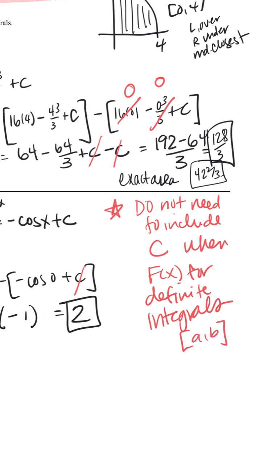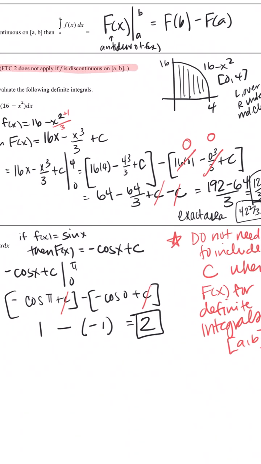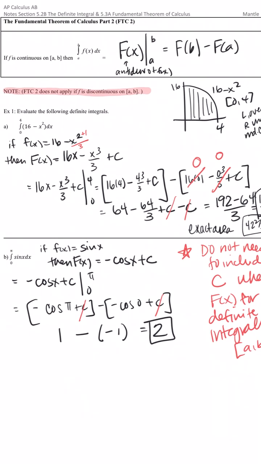A little bit later on, we're going to talk about what are called indefinite integrals, which means that I don't have limits of integration. I want to just talk about the area over the whole thing, and you will need to include the constant there. But definite integrals do not. Let's do one more example, and then we will talk about the other fundamental theorem. Let's turn the page.